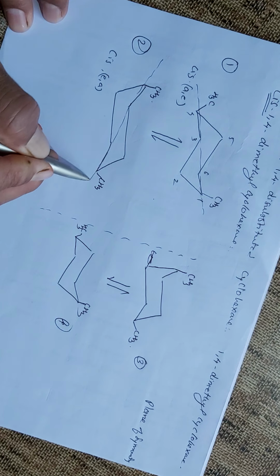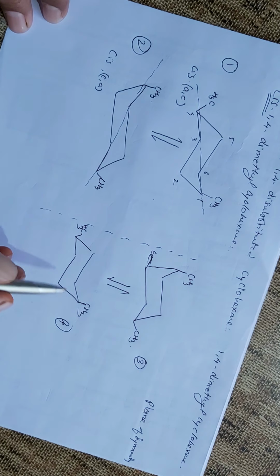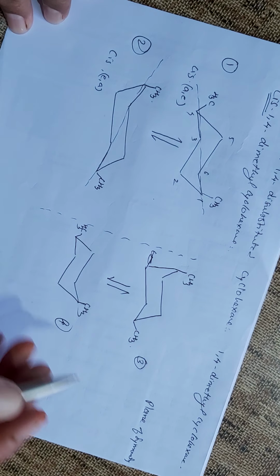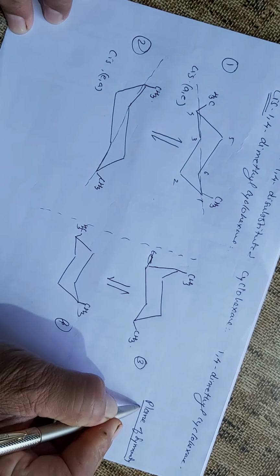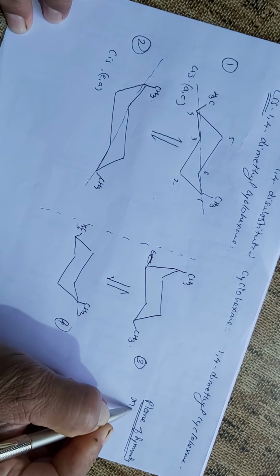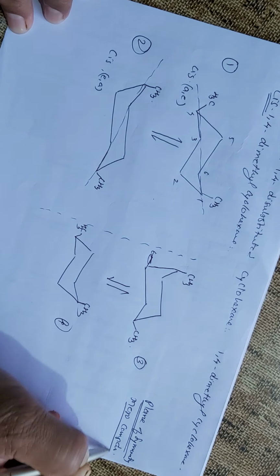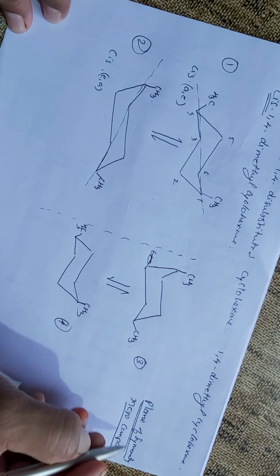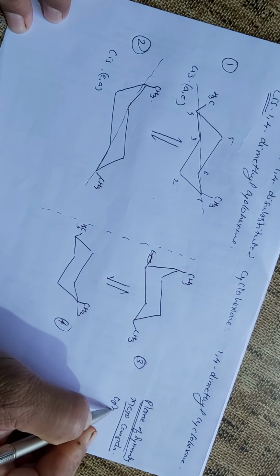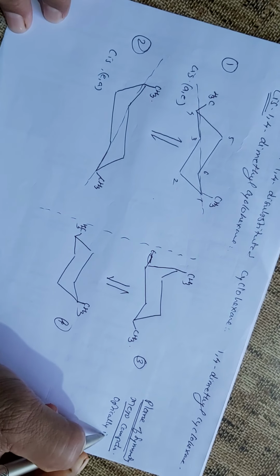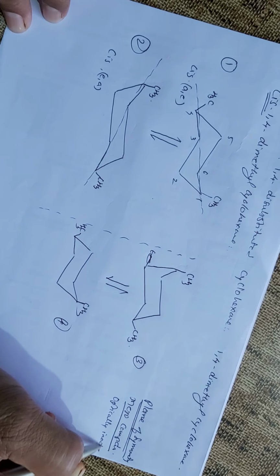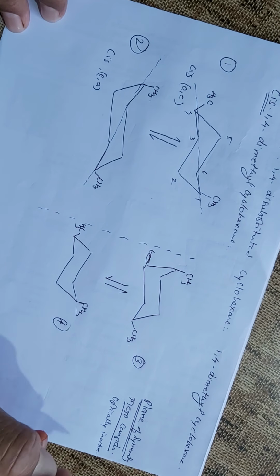And so it's the same for all the isomers shown here. As it has a plane of symmetry, it will exist as a meso compound. So it's optically inactive. In this way, we have seen the optical activity of these compounds.